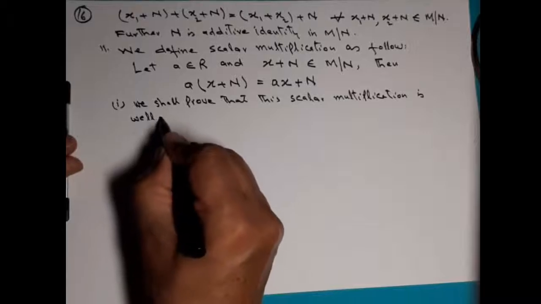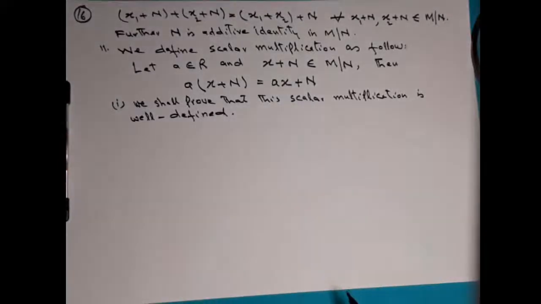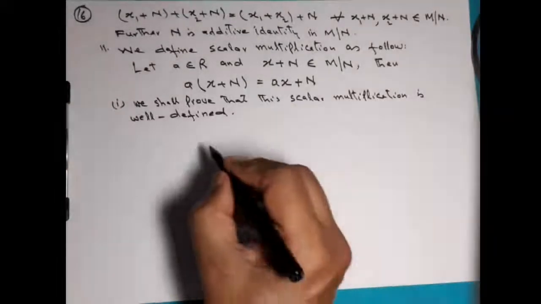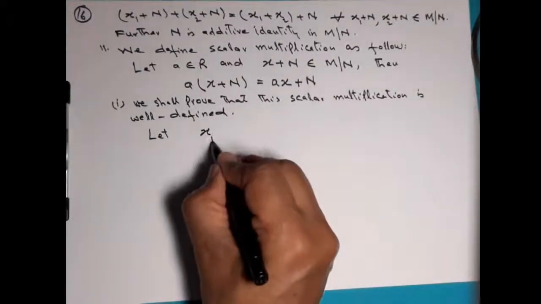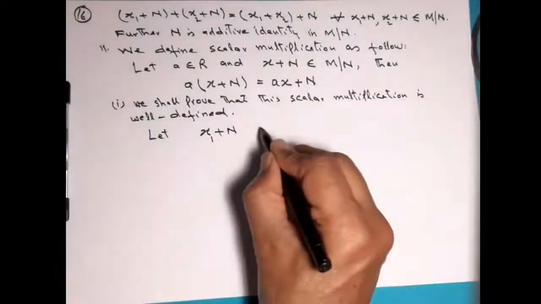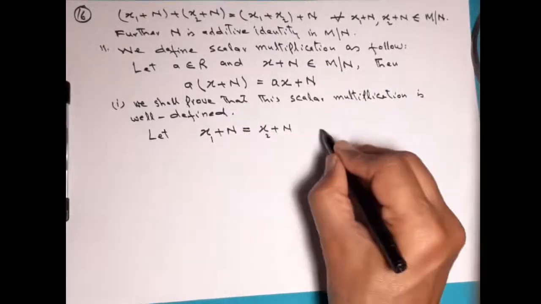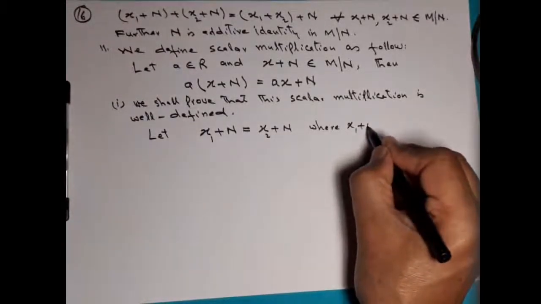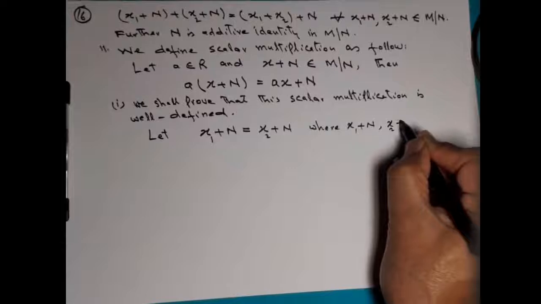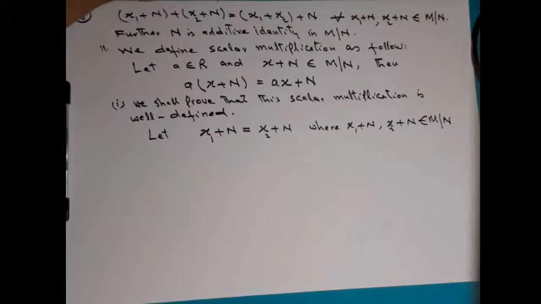For this, suppose these two cosets x1 plus N and x2 plus N are equal.